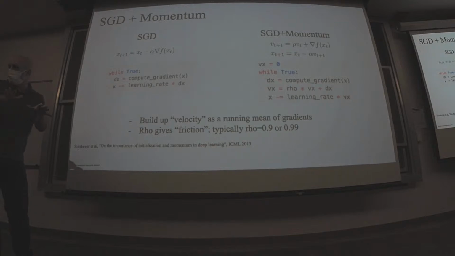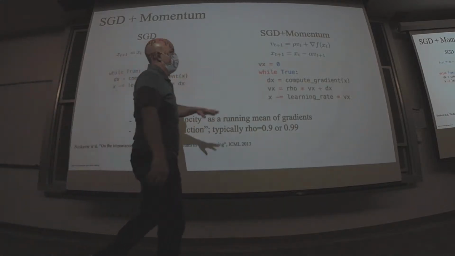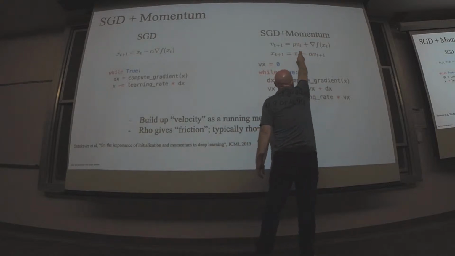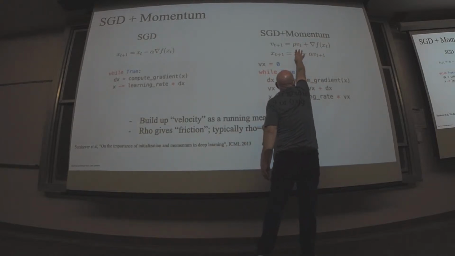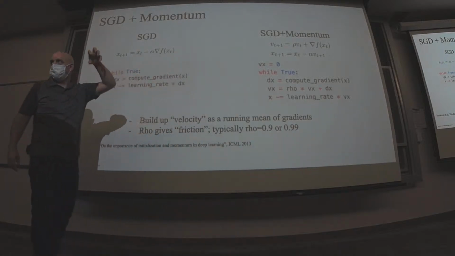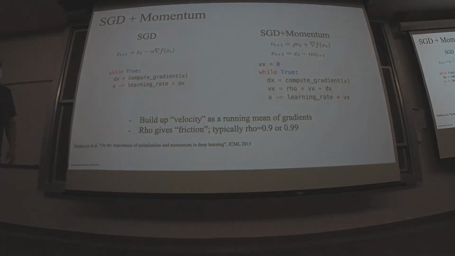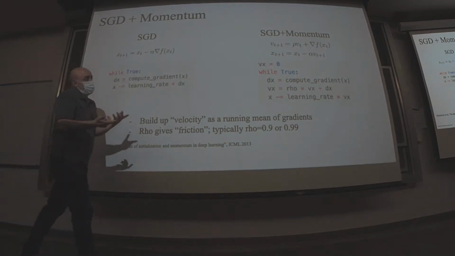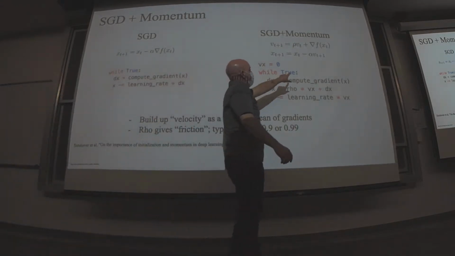So over time, depending on the value of rho and how many iterations, the contribution of that initial gradient is going to go away. This is mostly dominated by the current gradient and some number of previous gradients that are being kept in this value b. And so you again step in that direction.